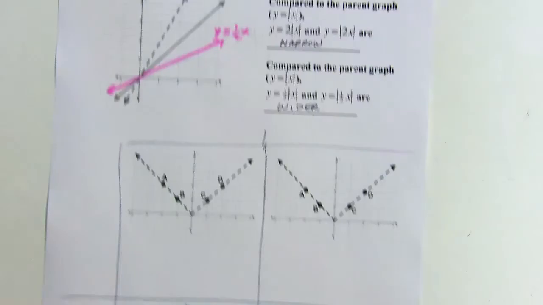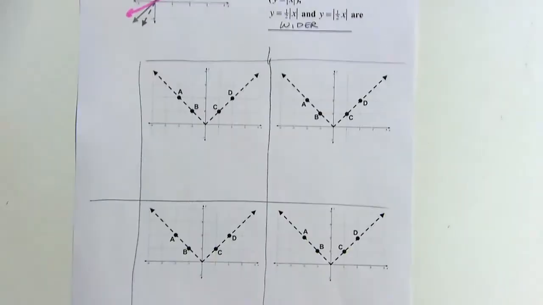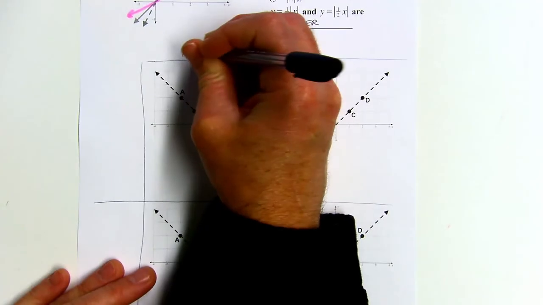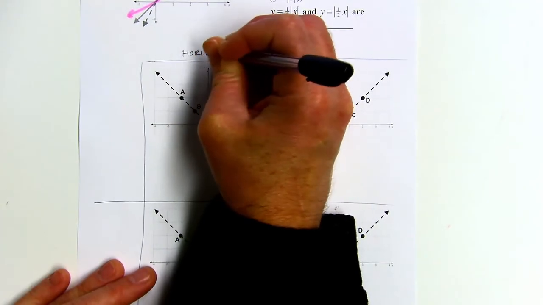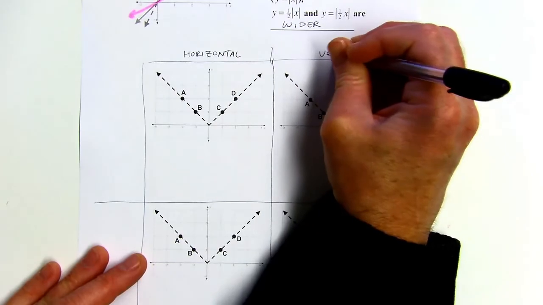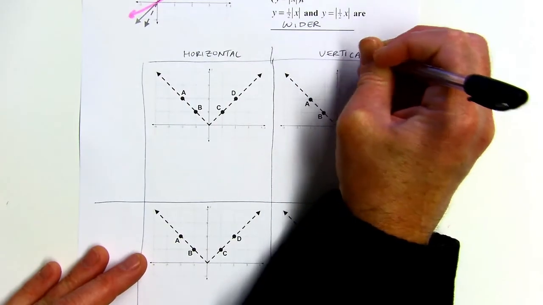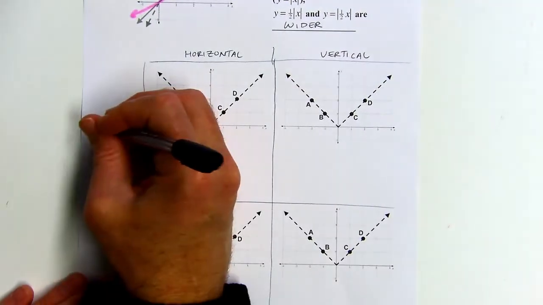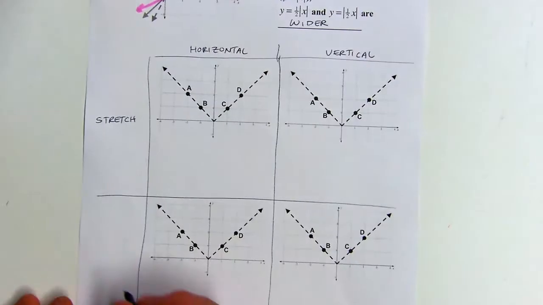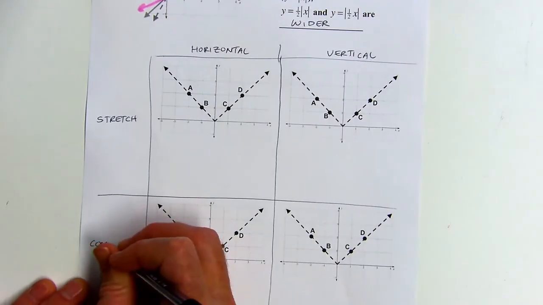Let me back off a little there. So we're going to do some horizontal changes in this column, and we'll do the vertical ones here. Okay, and we can have this top row be stretches, and this can be compressions or shrinks.